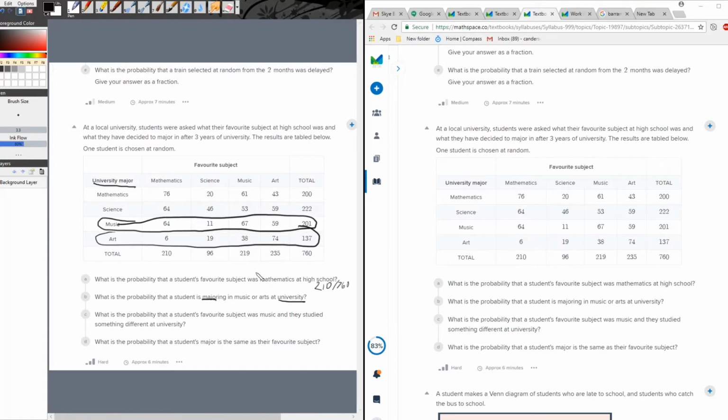So the total number of people who choose music or arts would be these two numbers here. So there would be a total of 338. So this one here would be 338 over 760.